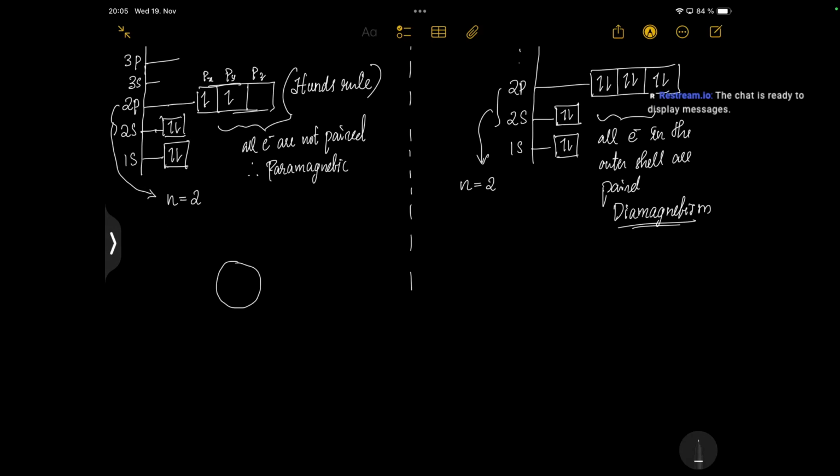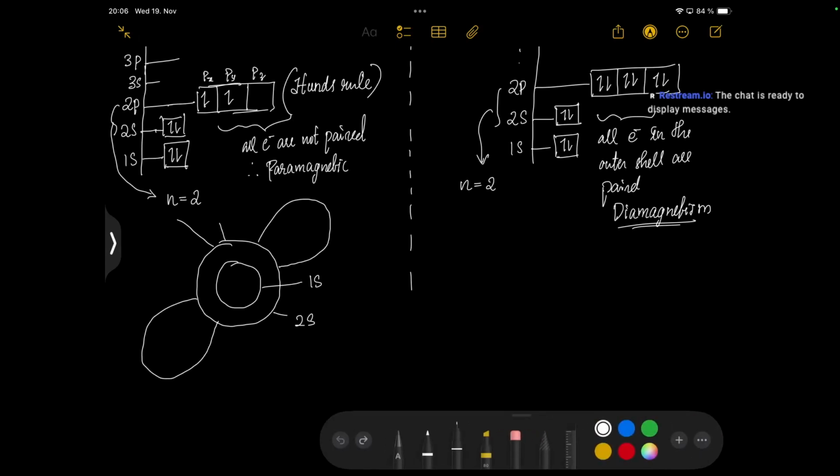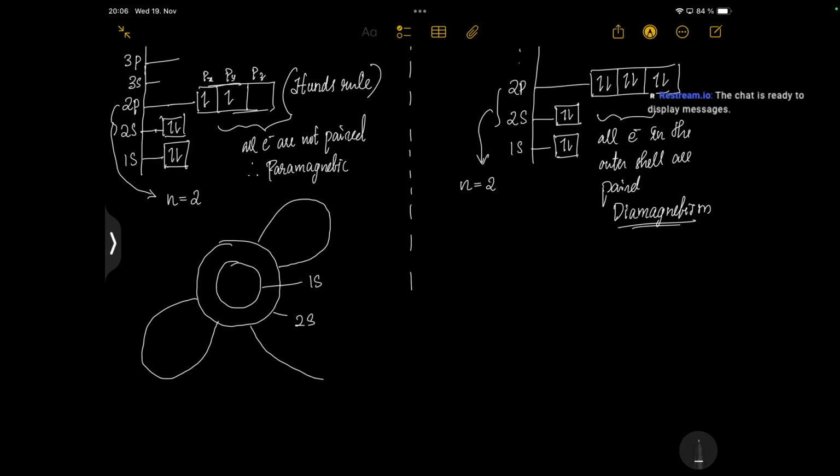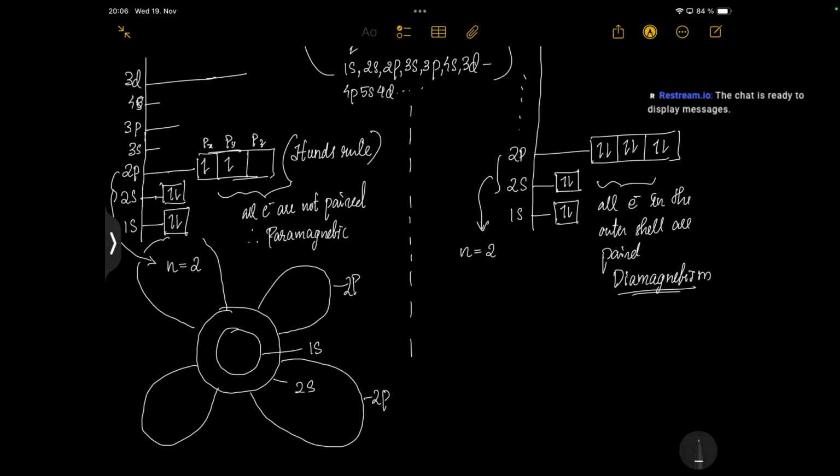This would be the 1s, this would be the 2s, and this would be the 2p. As only px and py are filled, we could say one of these would be px and one of these would be py.